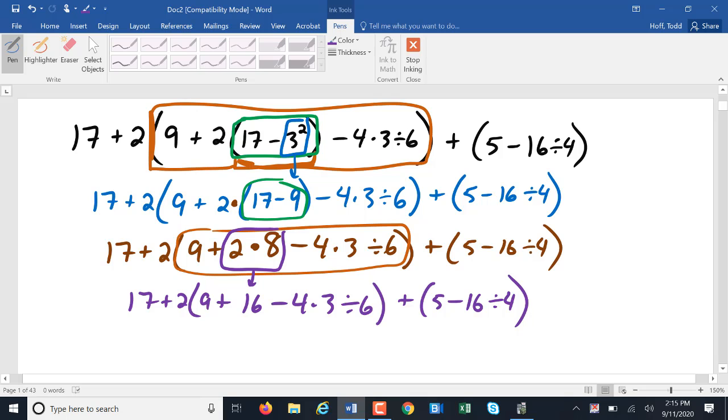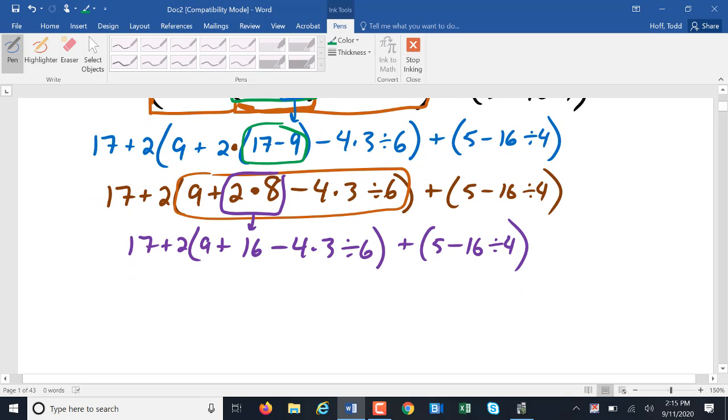Next, still working inside that set of parentheses. The next piece, what's the next 2 numbers we combine? 4 times 3, which is 12. Good.